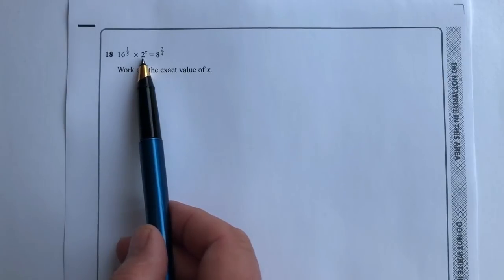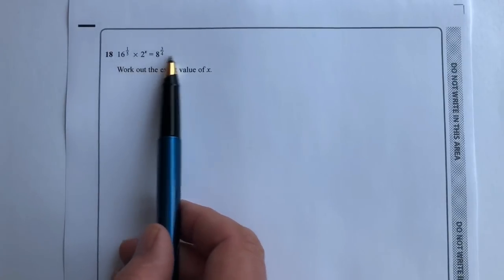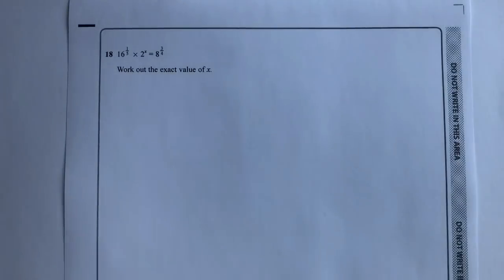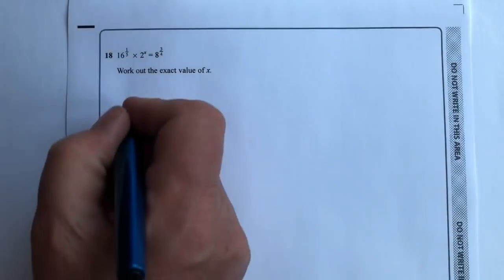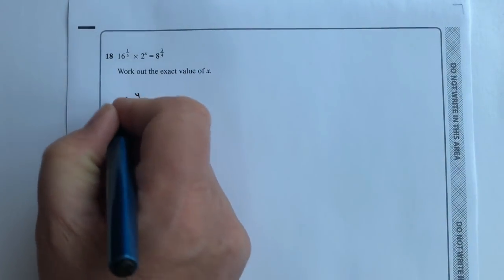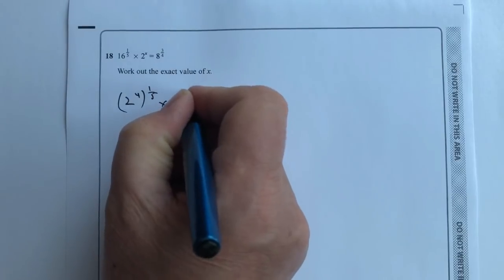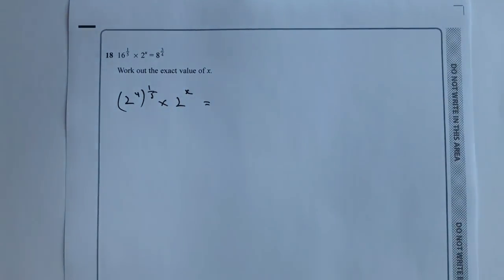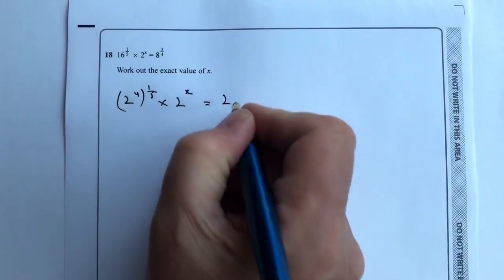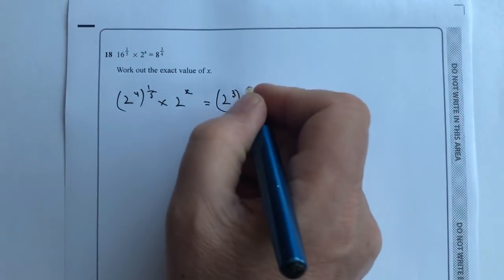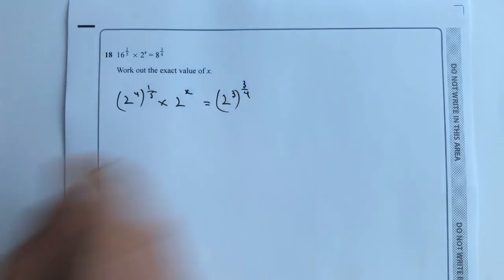Now that one in the middle is okay, but we need to worry about that one and also that one here. So rather than writing 16 to the power of 1/5, I'm going to write 2 to the power of 4, all to the power of 1/5, multiplied by 2 to the x equals, and rather than writing 8, I'm going to write 2 to the power of 3, all to the power of 3/4.